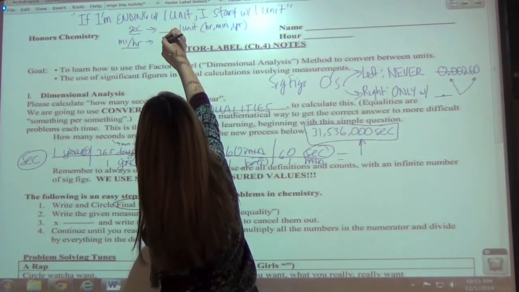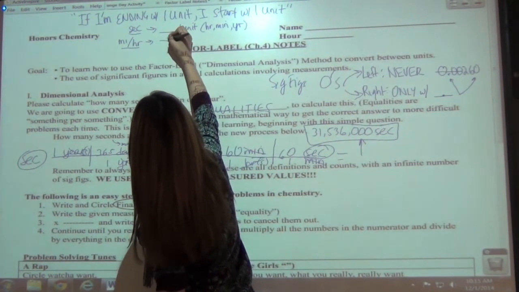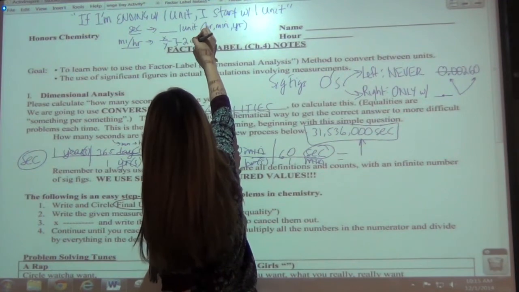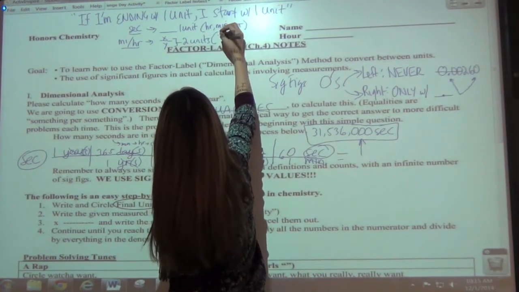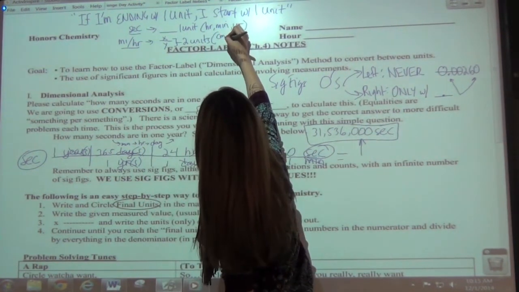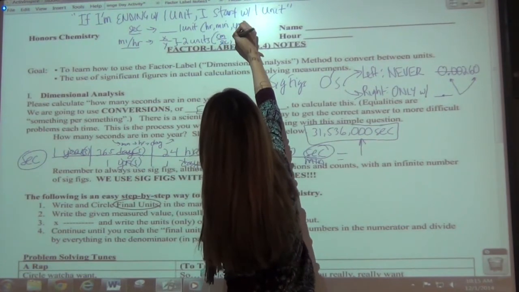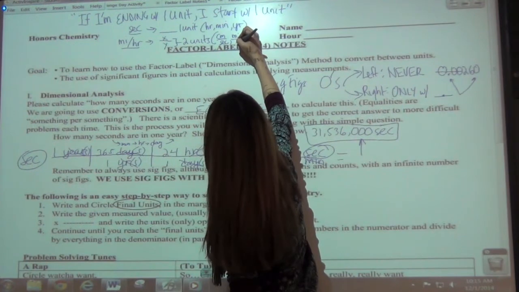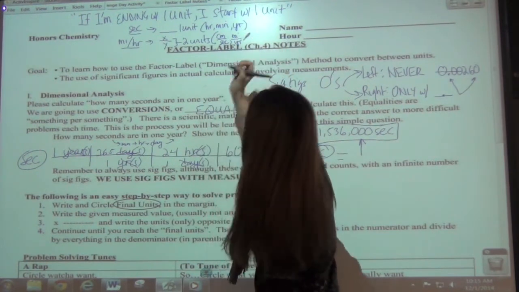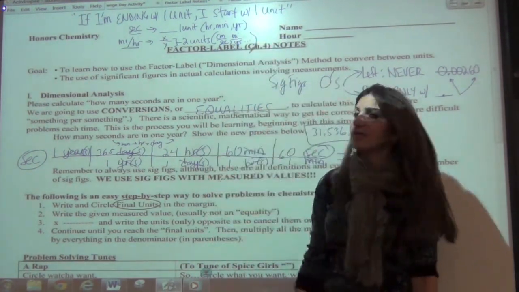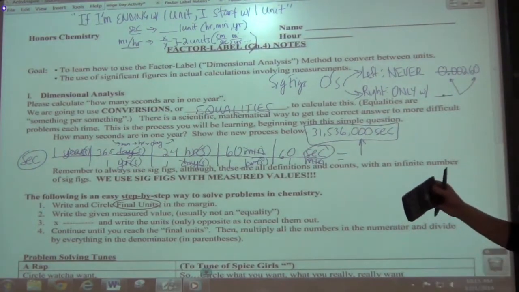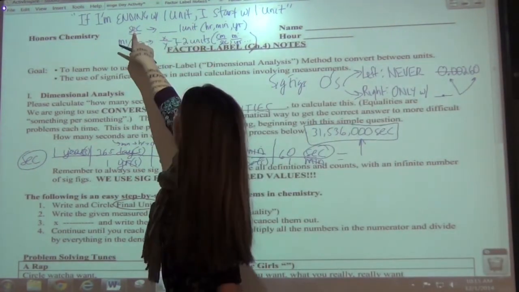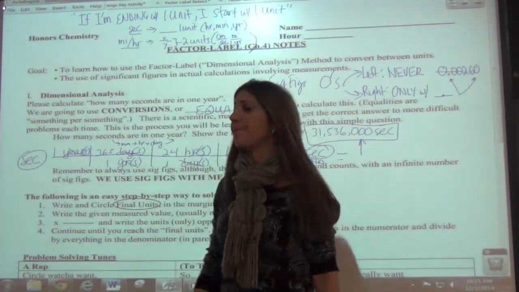So that means I want to start with something over something, x over y, representing 2 units. So maybe it's centimeters per second, maybe it's meters per year. So you can have different units, where if you're ending with 2 units, you want to start with 2 units. If you're ending with 1 unit, you want to start with 1 unit.